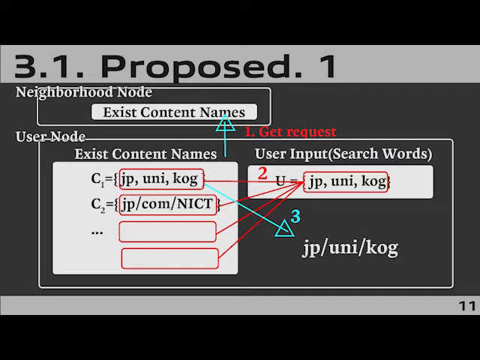Last, it sends out an interest packet using the matched content name. In this method, the number of generated content name interest packets is fixed at 1. But since the content name is also acquired from the neighborhood node using Cefore, two sessions are generated.